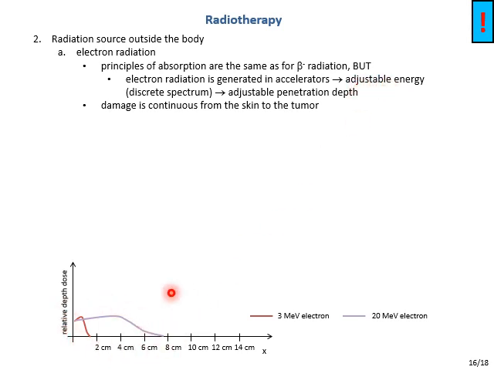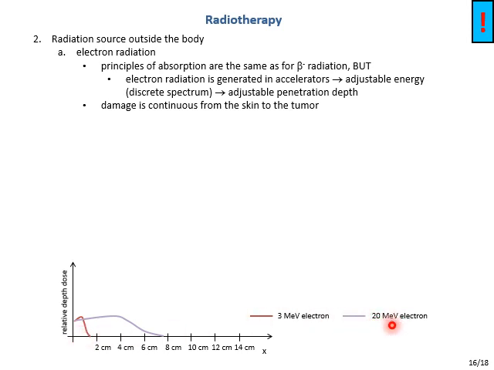As you can see at the bottom of the figure, the penetration depth of the electron radiation is determined by the energy of the electrons. If the kinetic energy of the electron is 3 million electron volts, then the penetration depth is approximately 1 centimeter.